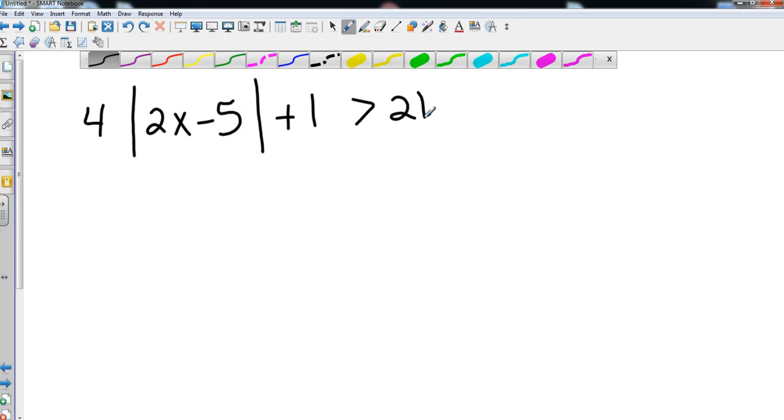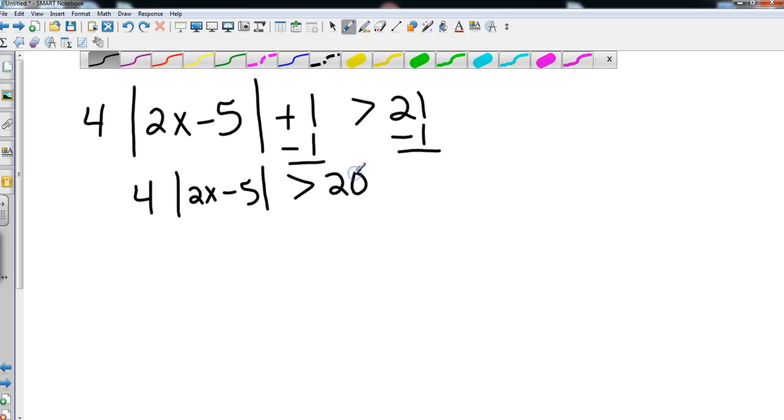That 4 is connected to that 2x minus 5. Treat those almost like parentheses. So we're going to subtract the 1 first. That gives us 4 times the absolute value of 2x minus 5 is now greater than 20. And so now if I treat those like parentheses, that means 4 is being multiplied by that absolute value, so I'm going to divide both sides by 4.